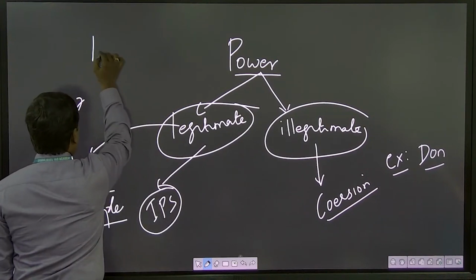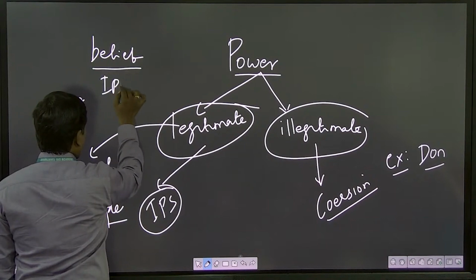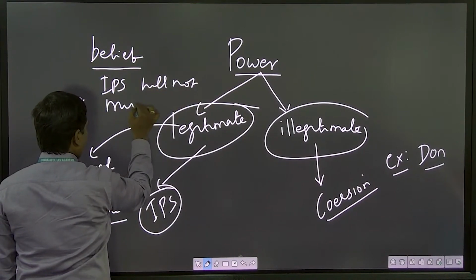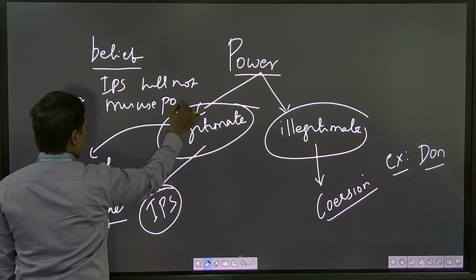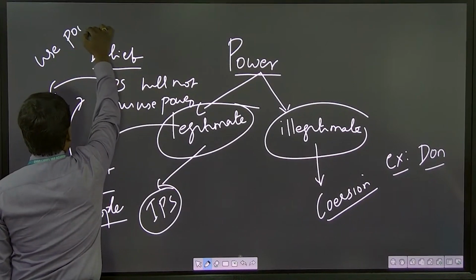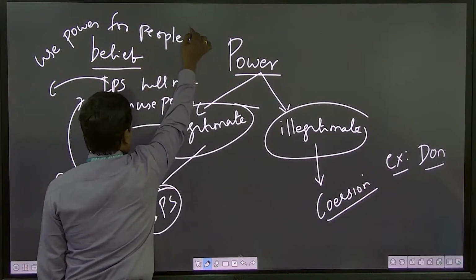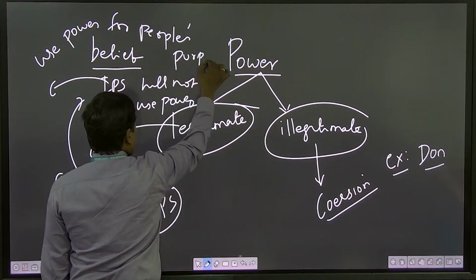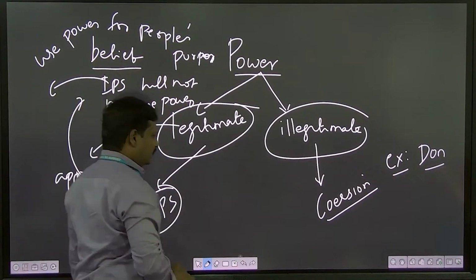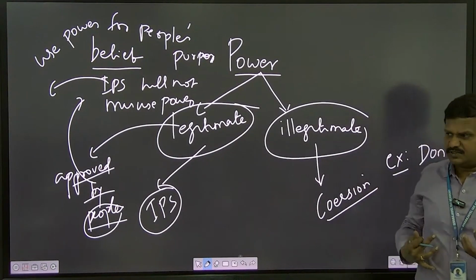Because people believe that the IPS officer will not misuse power. The IPS officer will use power for people's benefit, for people's purpose. So this belief will be there in the mind of the people, and therefore they will voluntarily accept the power of the IPS officer.